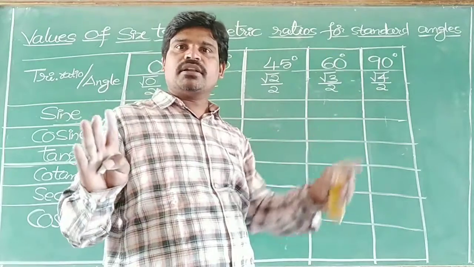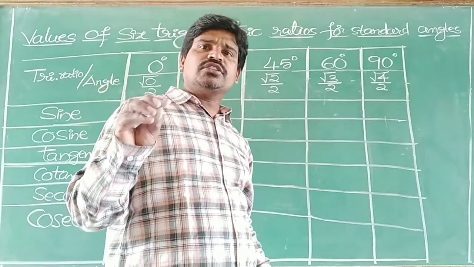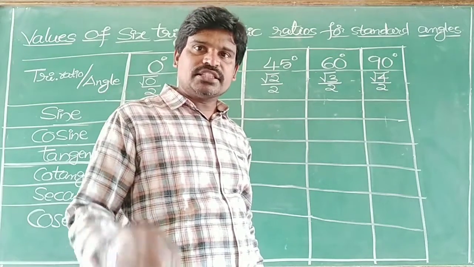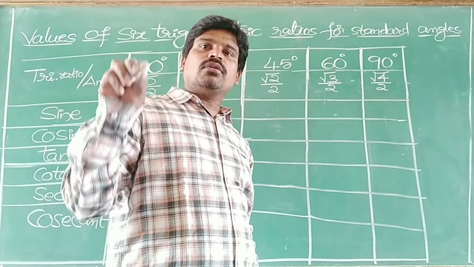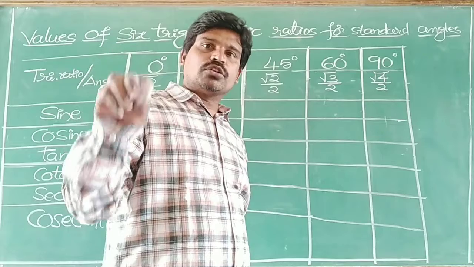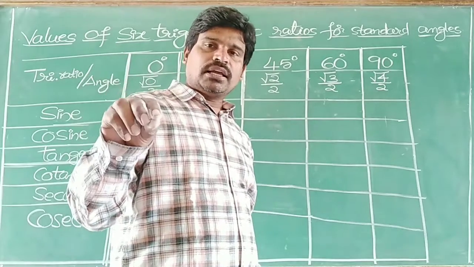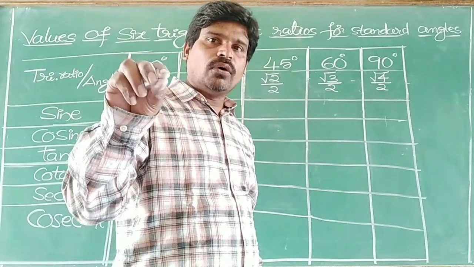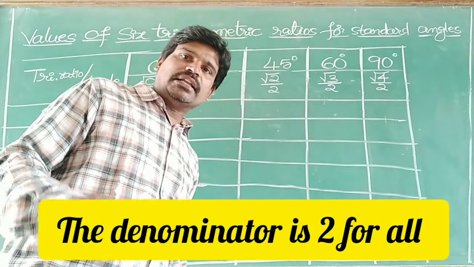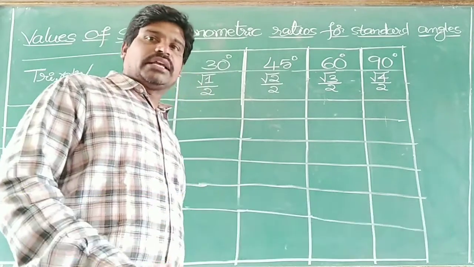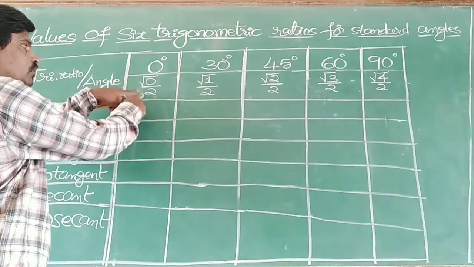Just the serial numbers starting from 0, under the square root. These are the numerators, and the denominator is the same, that is 2. You write like that: root 0 by 2.